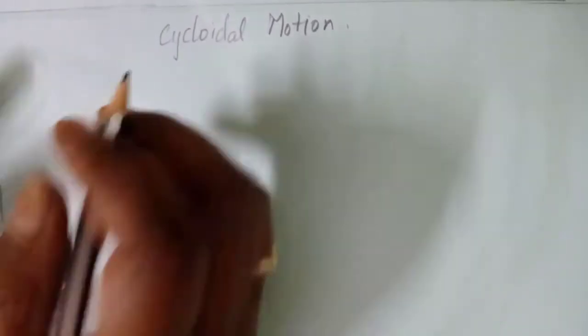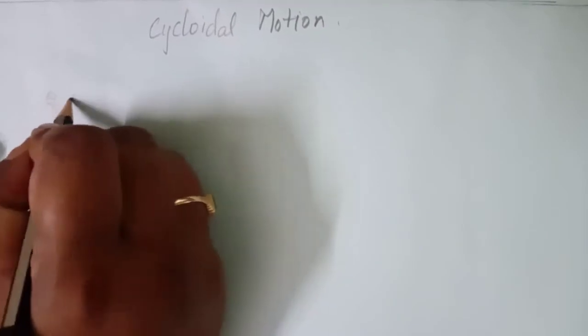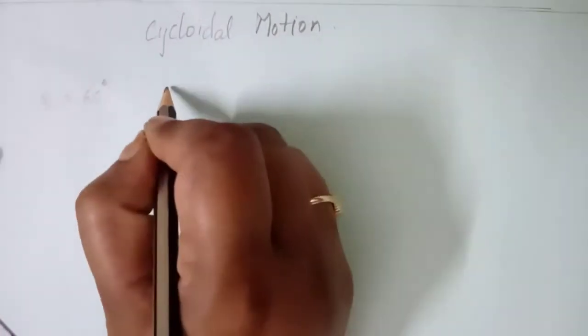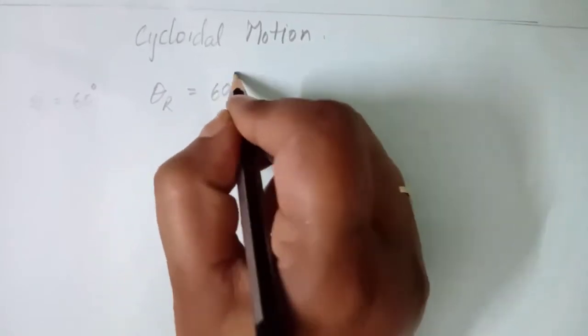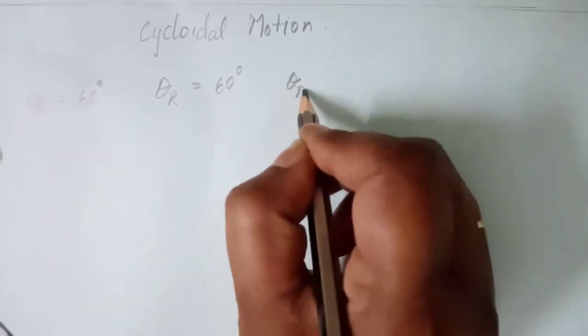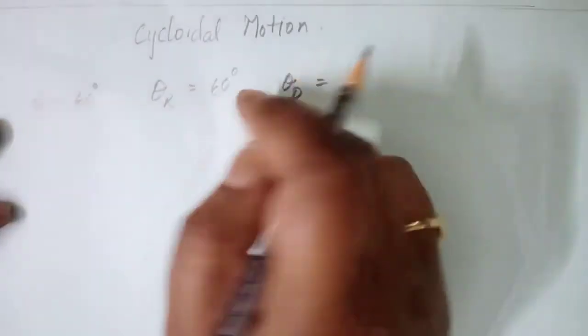So here I am taking an example. Whenever there is follower motion, it has an outstroke theta O, which I am taking as 60 degrees. Then theta R, the return stroke, continuously 60 degrees. And theta D I am taking as dwell after completion of these two.